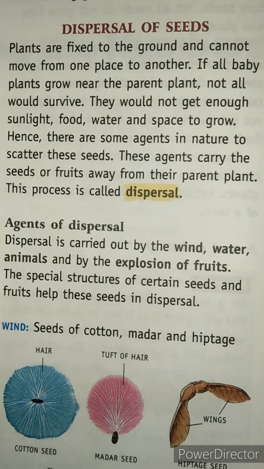So first of all, what is dispersal? Dispersal means to scatter. So dispersal of seeds means scattering of seeds on a large scale. First of all, what is the need of dispersal of seeds? If a plant produces so many seeds, among all, some of the seeds are not able to get all the three necessary things required for germination, because of some competition, since the seeds are together and would not get enough water, sunlight, and air.